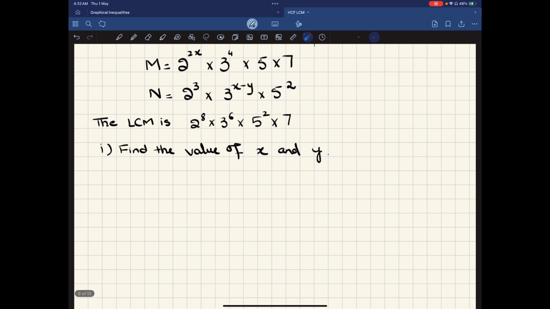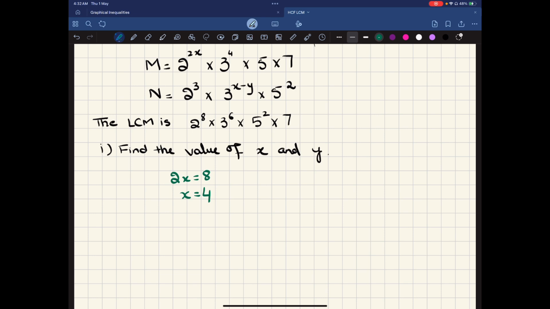Okay, so let's see. 2 raised to the power 8. The power of 2 here is 3, so it means that 2x is basically equal to 8. Okay, so 2x is equal to 8, x is equal to 4.